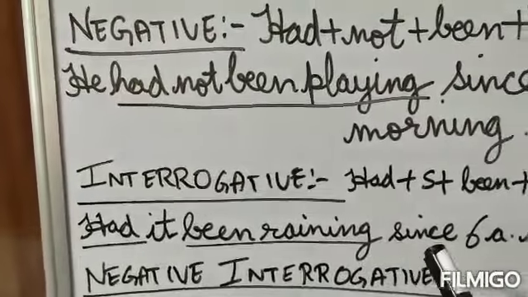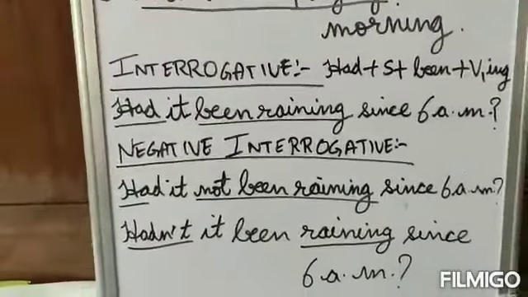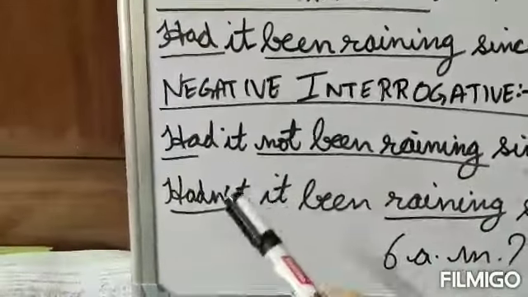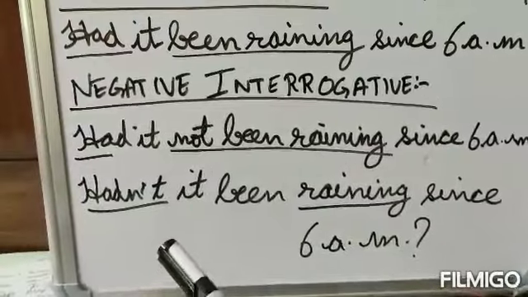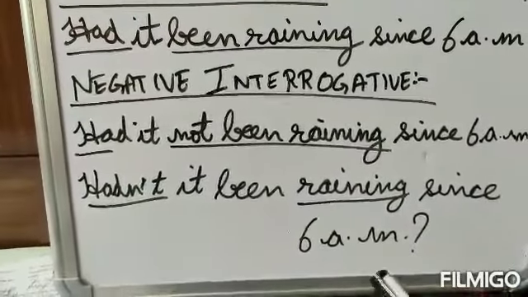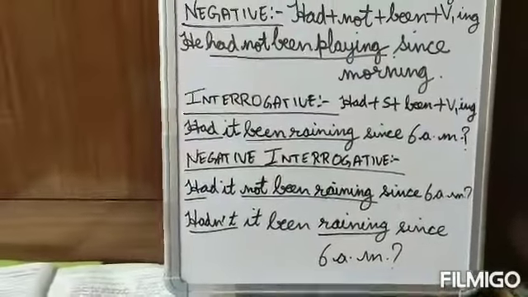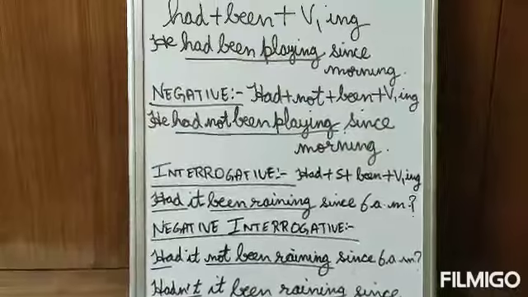Had it been raining since 6 a.m.? Negative interrogatives, obviously you have to add not in between. Had it not been raining since 6 a.m. or hadn't it been raining since 6 a.m.? Remember all these rules, write these rules in your notebooks and try to remember them.